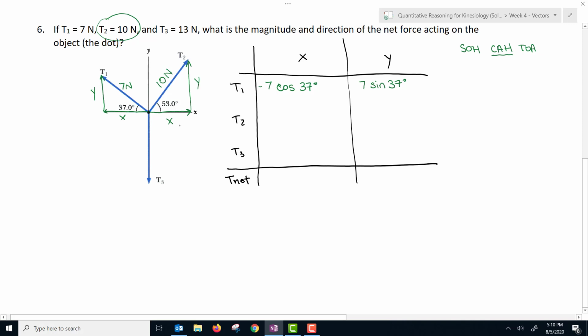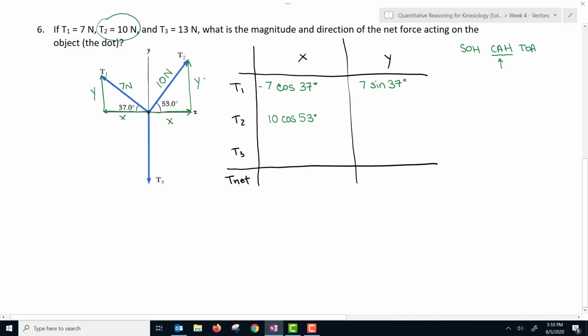Is x the adjacent side or the opposite side? It's adjacent. It's next to the 53-degree angle. So x is adjacent, which means again we should be using cos. So I'm going to get hypotenuse, which is 10, cos of the angle, which is 53 degrees. It's pointing to the right, so it should be positive.